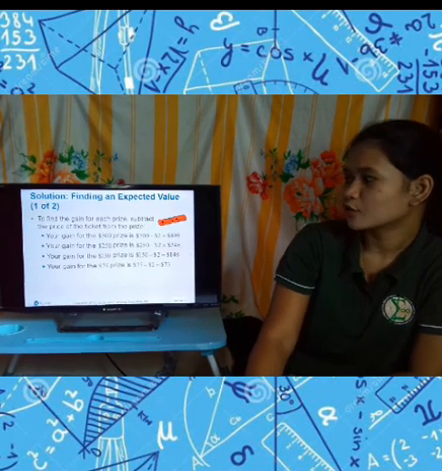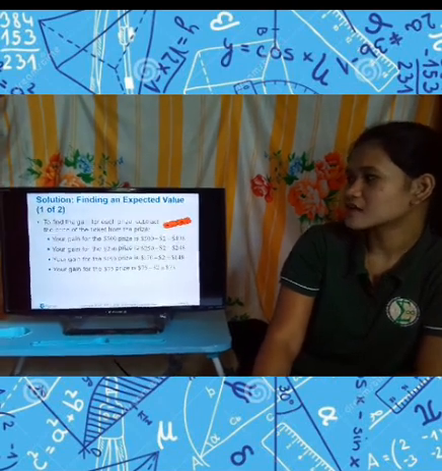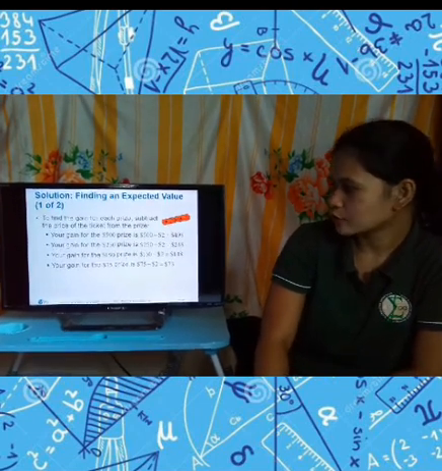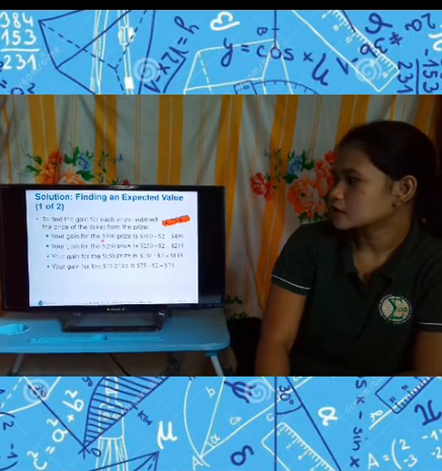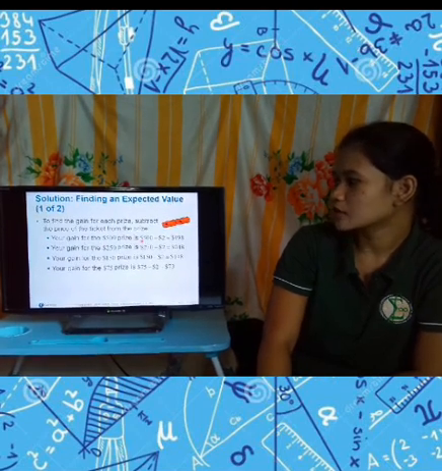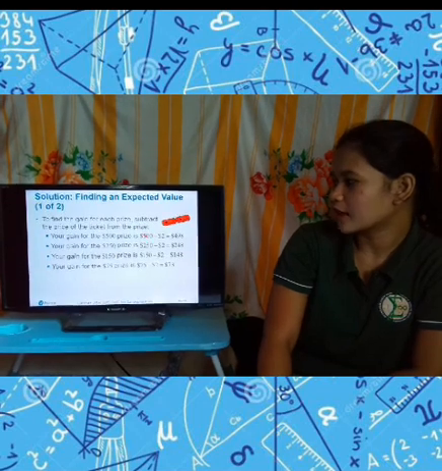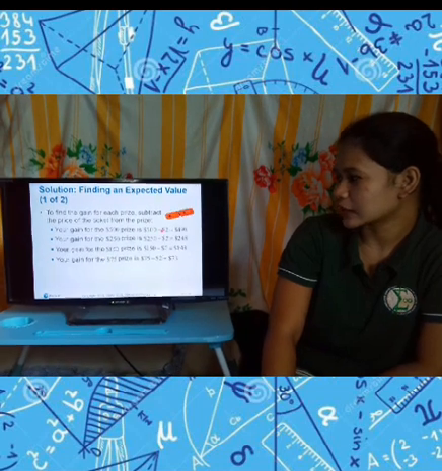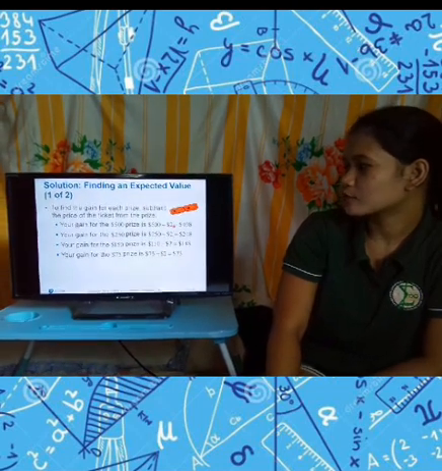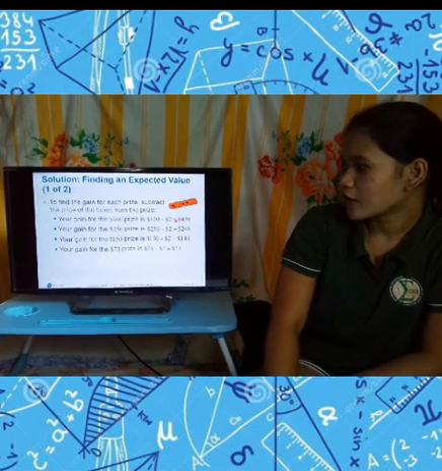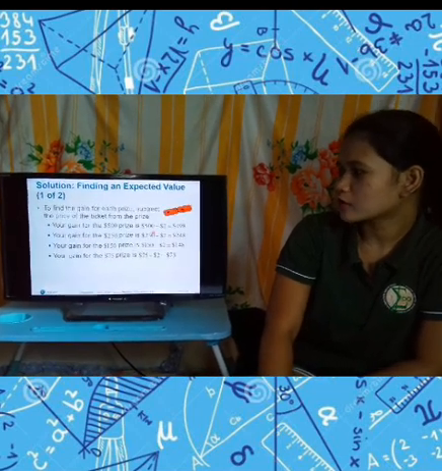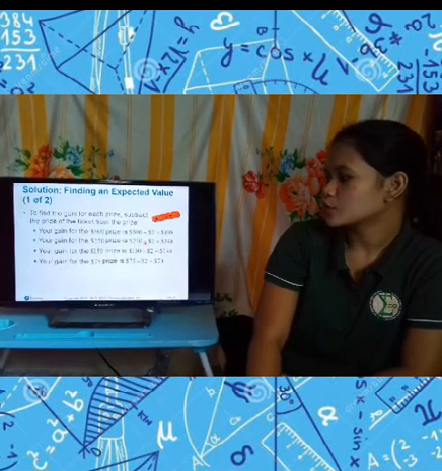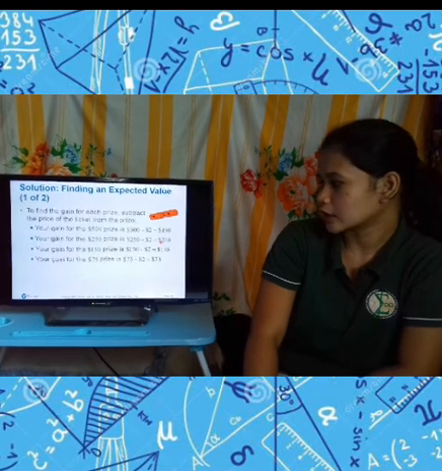So, solution. To find the gain for each prize, subtract the price of the ticket from the prize. So, first, your gain for the $500 prize is $500, this is the prize, minus the $2, the price of the ticket, which is equal to $498. Your gain for the $250 prize is $250 minus $2, which is equal to $248.